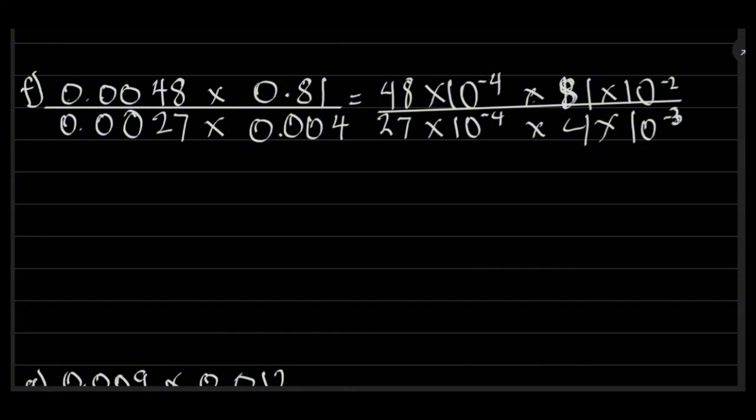Now let's cancel what we can cancel out. 10 raised to the power negative 4 will cancel 10 raised to the power negative 4, and then 27 into itself once, 27 into 81 would be 3 times.